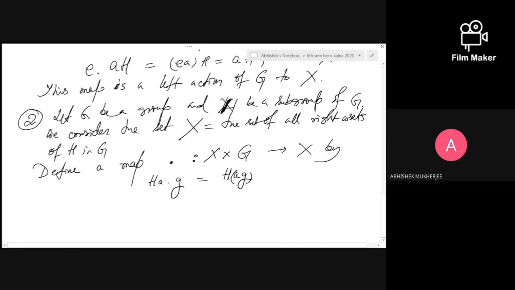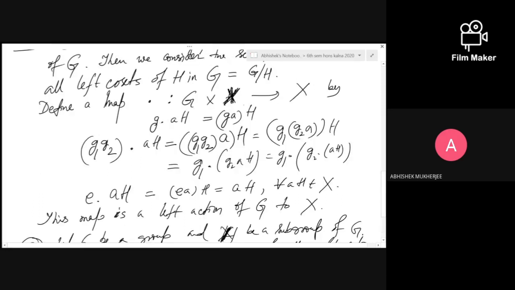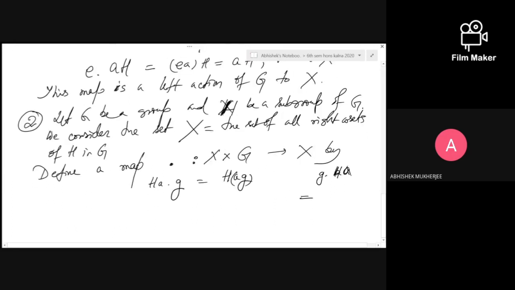Now if you consider the left action, suppose g dot Ha, then you cannot copy the same definition from the left action you have defined for the left cosets of H in G, because this action will not be the left action.